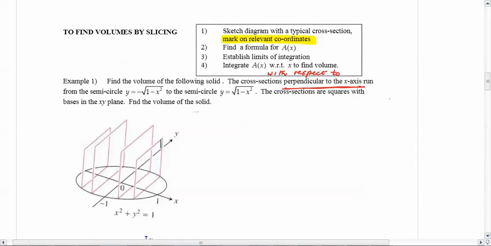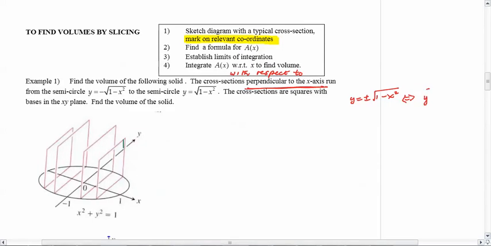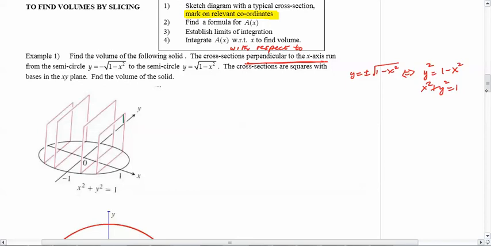Let's quickly review that. Remember, if you have y is plus or minus the square root of 1 minus x squared, that comes exactly from y squared is 1 minus x squared, and that's x squared plus y squared equals 1.